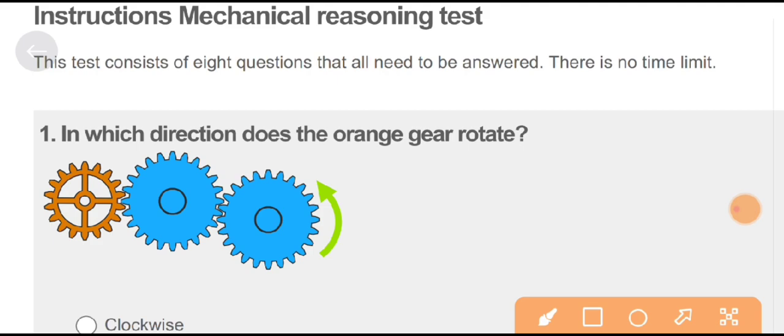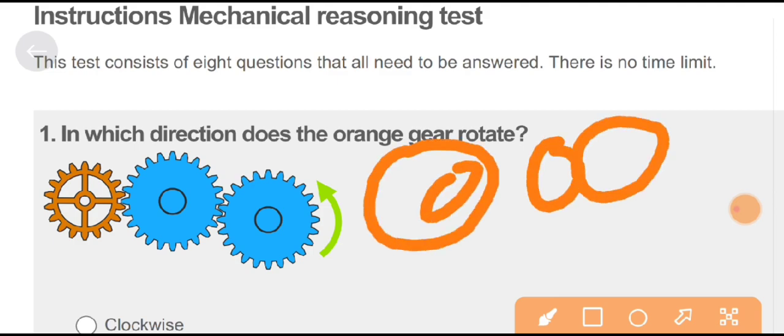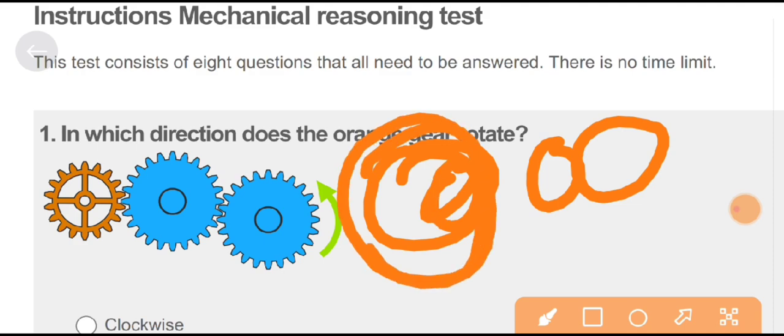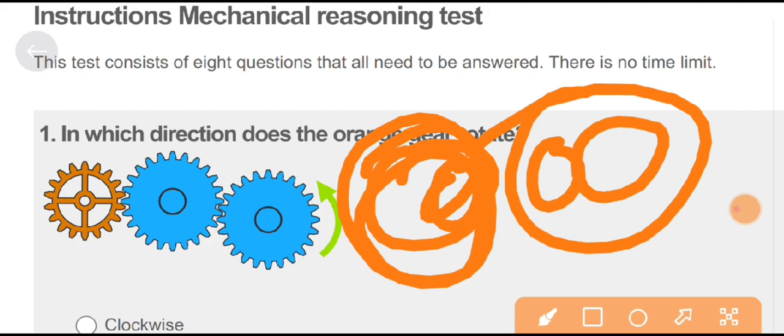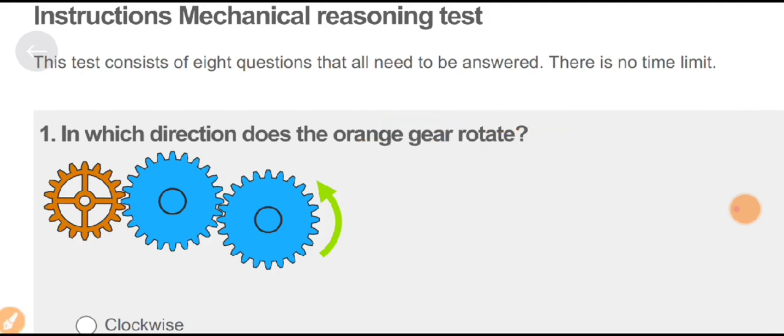To solve this type of problem, in a gear problem you have internal gear or external gear. In internal gear both gears rotate in the same direction, but in external gear both gears rotate in opposite directions. Now coming to the question, here we have an external gear. We have to find the direction of the orange gear.